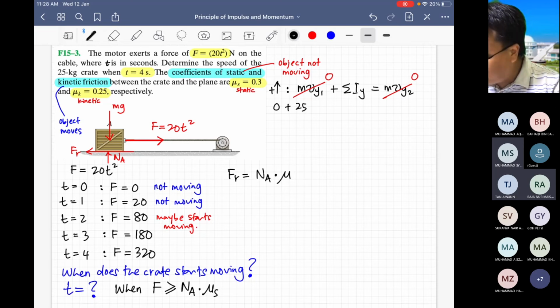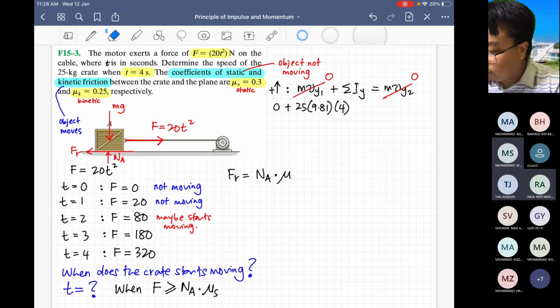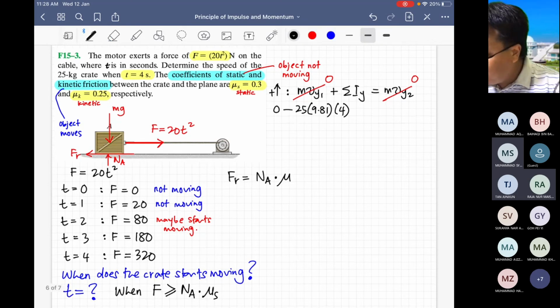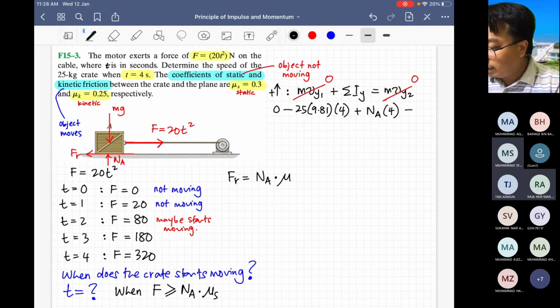So in this case 25 times 9.81 times 4. Okay. Sorry, this is minus lah. Saya lupa lagi. This is minus. mg dia ke bawah, so minus lah. Plus dengan Na times 4 sama dengan kosong.